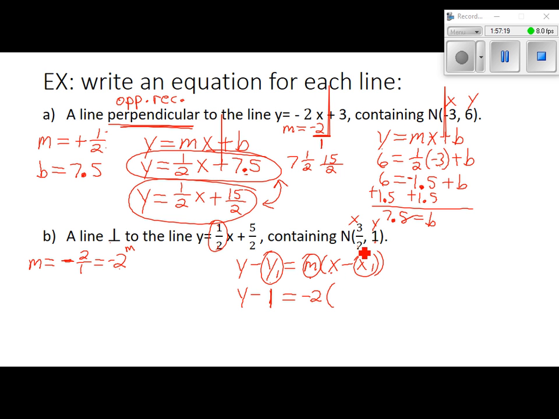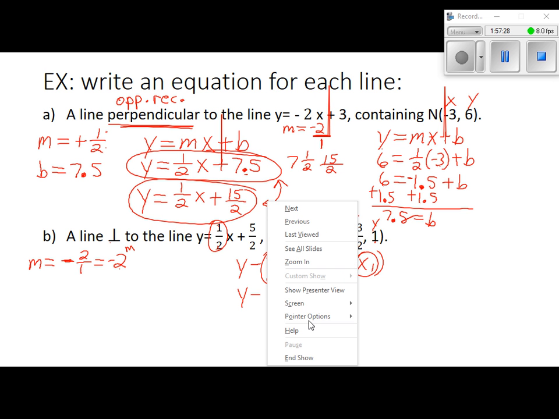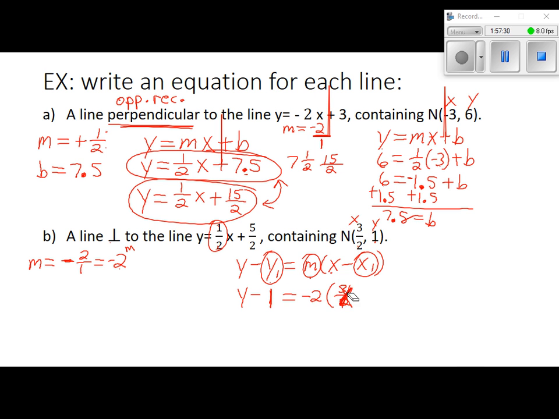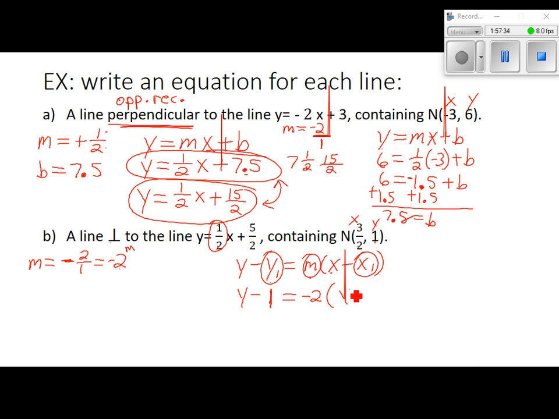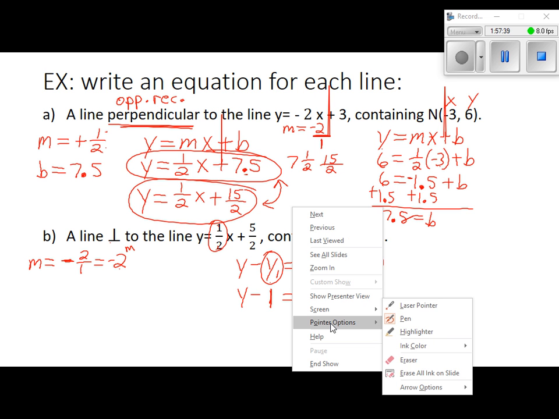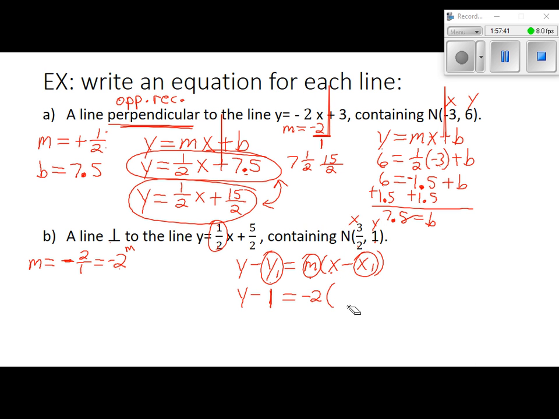The x coordinate is 3/2. Oops, sorry, that's in the wrong spot. That's x. Let's not do that. Let's erase it. This is x. X minus, then we stick in our x, which is 3/2.